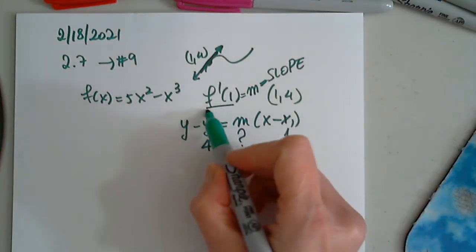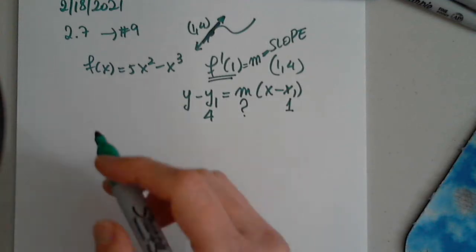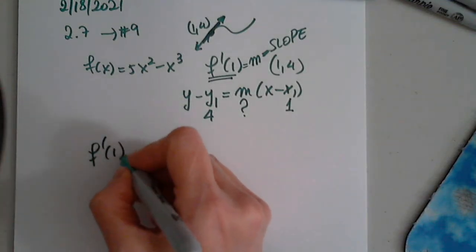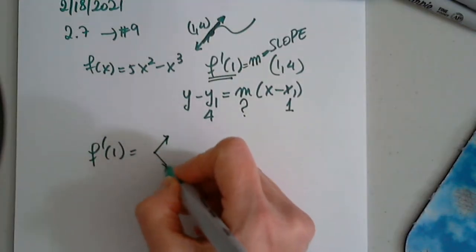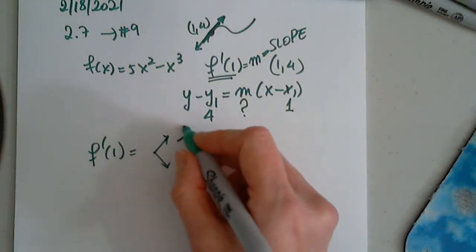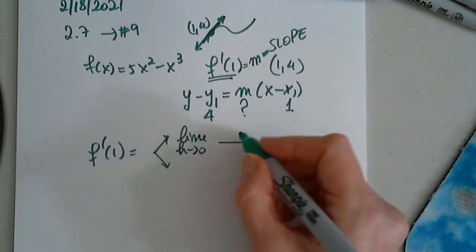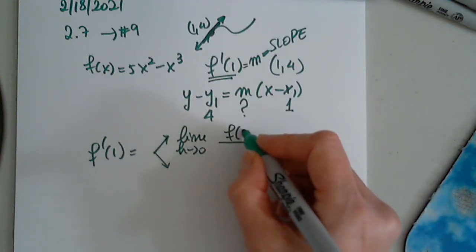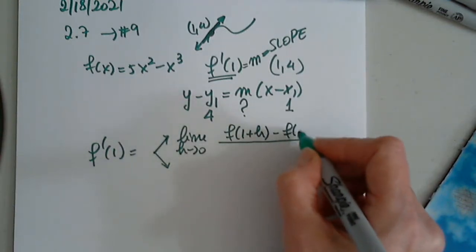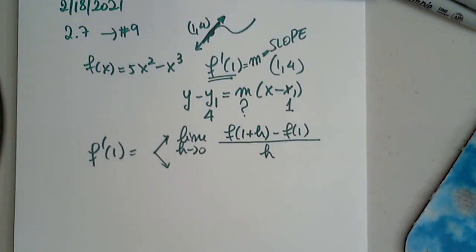I have several options here. I either find f prime of 1 in one of two ways. The limit as h approaches 0 of f of 1 plus h minus f of 1 over h.